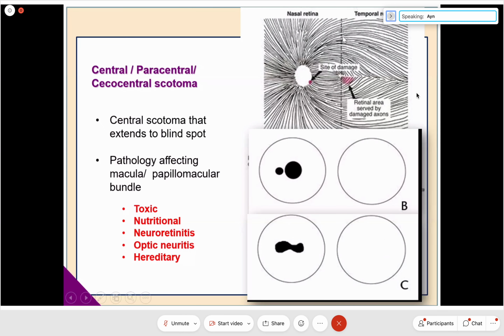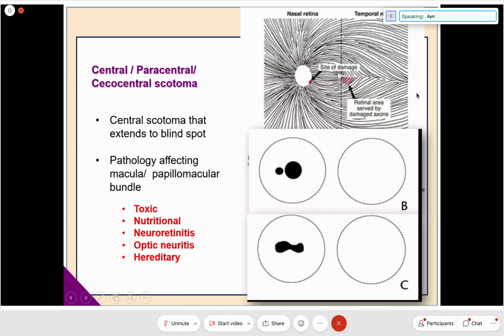Okay, next, as we know, there's also the papillomacular bundle which comes from the macula itself to the optic nerve. The papillomacular bundle contains a lot of mitochondria.